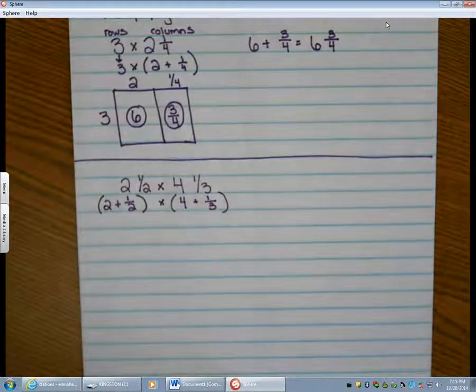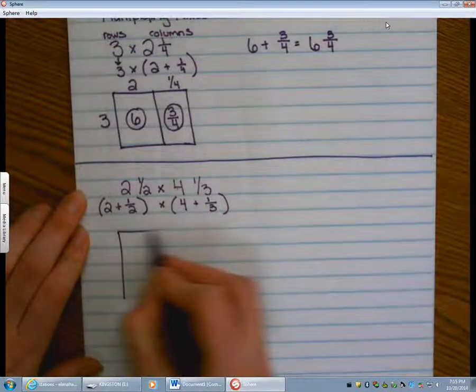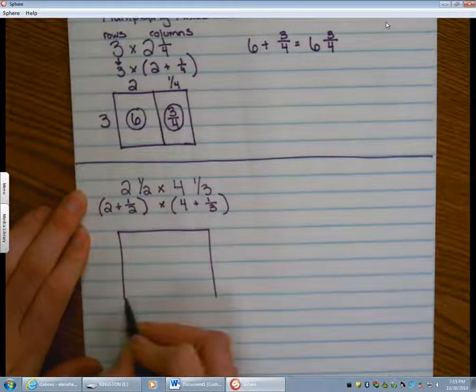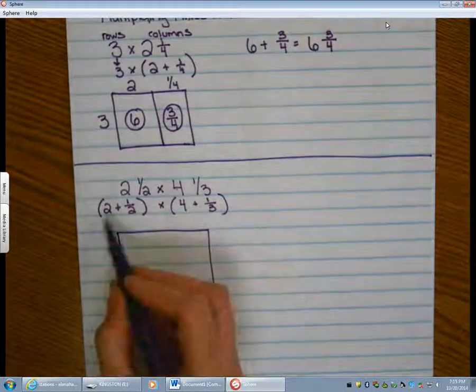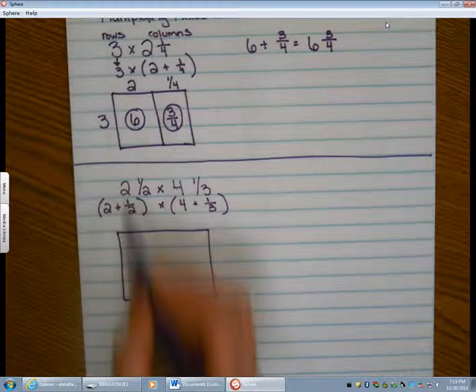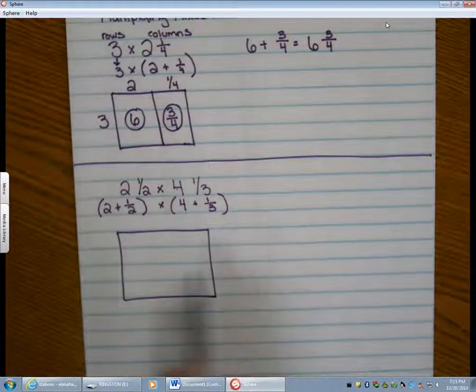I've just separated them into their whole numbers and the fractional part. I'm once again going to do my area model. I'm just going to draw a square, and I'm going to put my first mixed number as my row size, and my second mixed number as my column for organizational sake to keep things consistent.